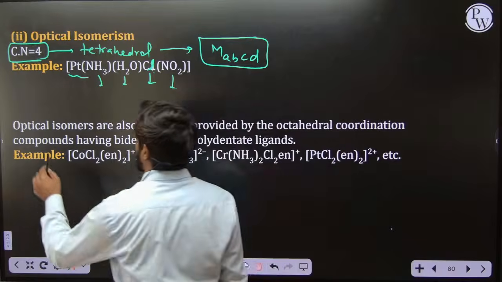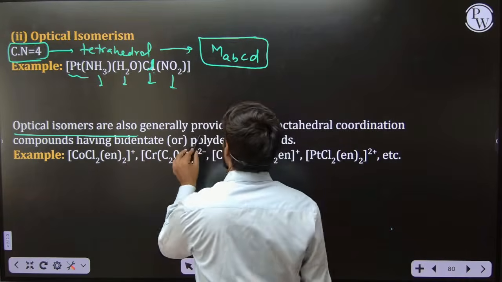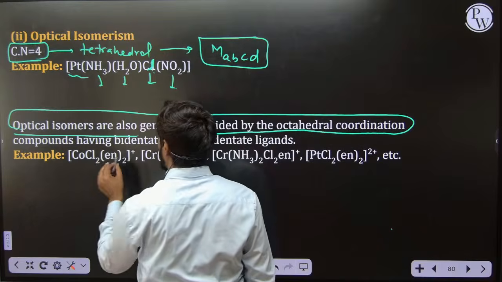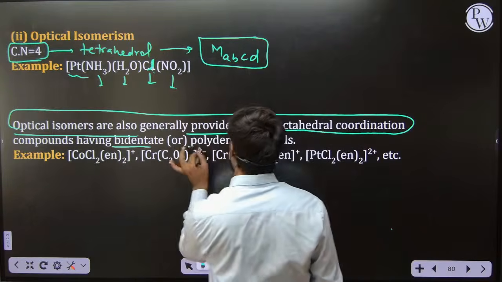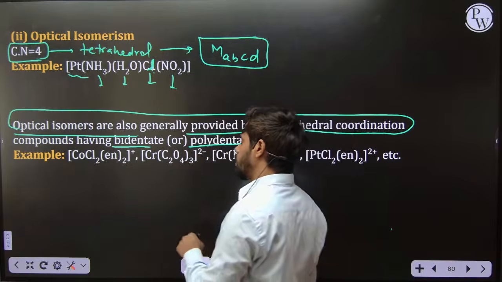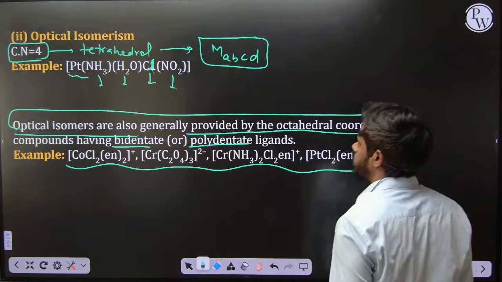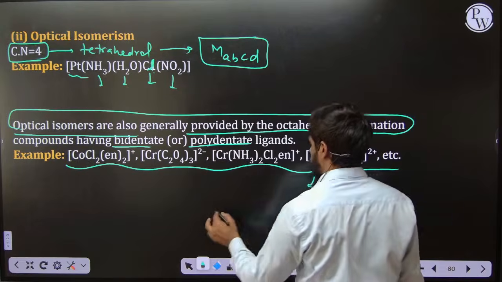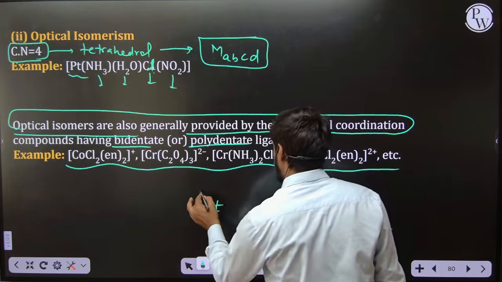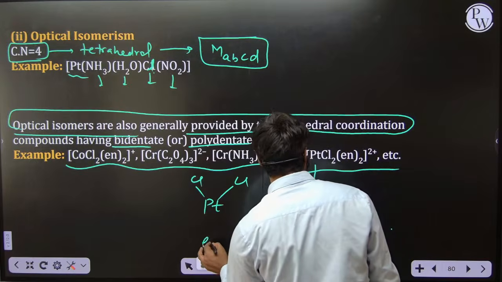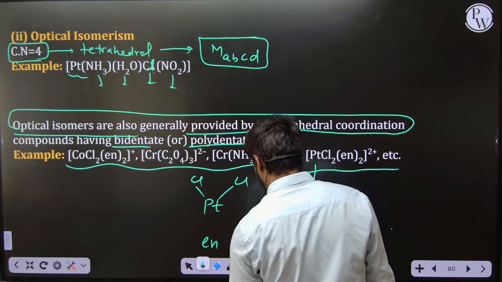Next, optical isomers are generally provided by octahedral coordination complexes having a bidentate or polydentate ligand. For example, this one: in all these cases this can show optical activity. Platinum with 2 chloride and 2 en.